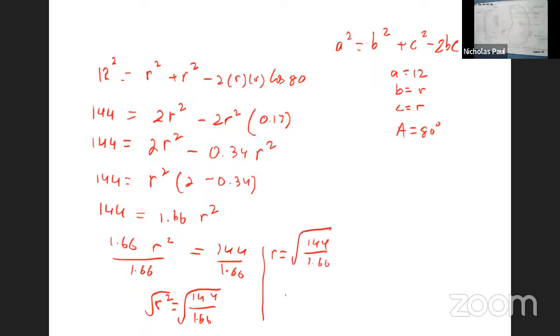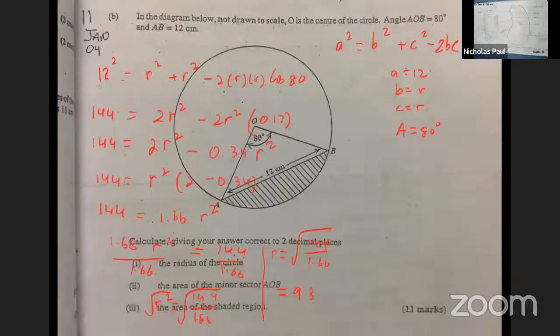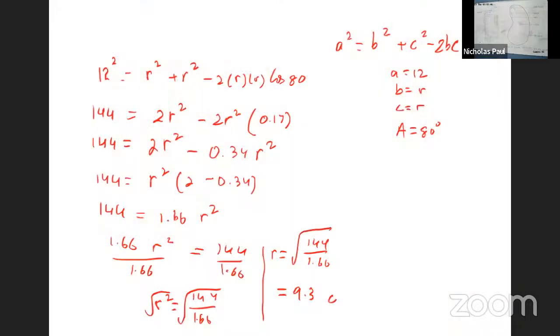How much is that? 9.3 centimeters. Right, so yes, this was challenging, but the objective is to make R the subject of the formula. You can't put R in a calculator, Christian. Copy it down. R is 9.3 centimeters.